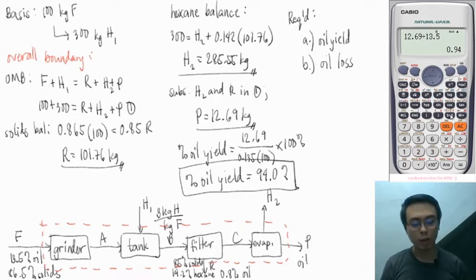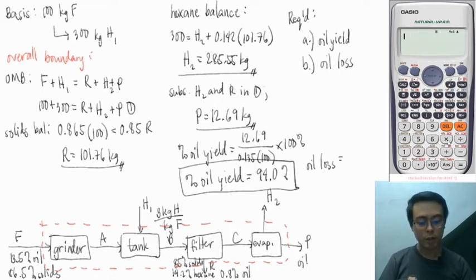Next, oil loss. If we are getting 94% of the oil, then what would be our oil loss? The oil loss is simply the amount of oil being lost in the process divided by the amount of oil that was recovered.